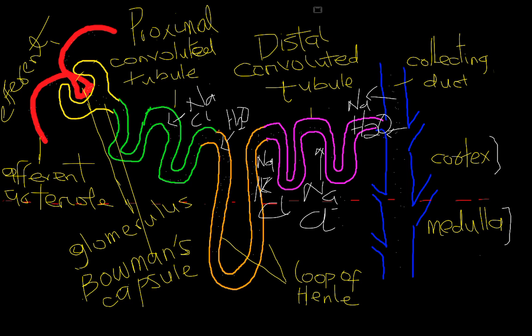Also, if there is a high concentration of various molecules in the blood, they can be secreted, not only reabsorbed. Some of these molecules can be secreted into the filtrate passing here, so that there is excretion of the molecules if they are too high in the blood.